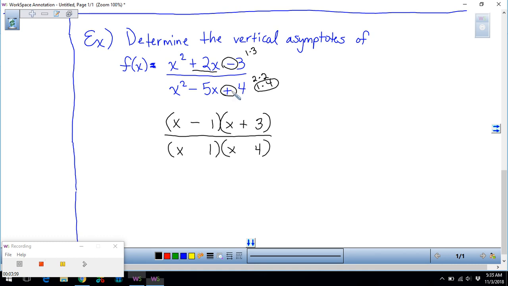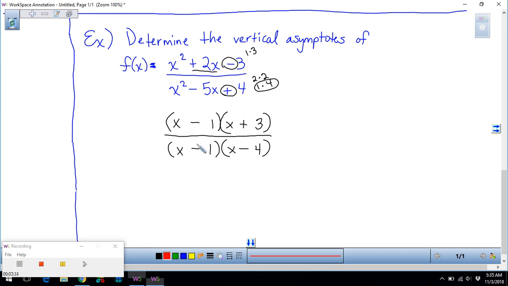Because we're adding, our signs have to be the same, and we need a -5, so they will both be minuses.